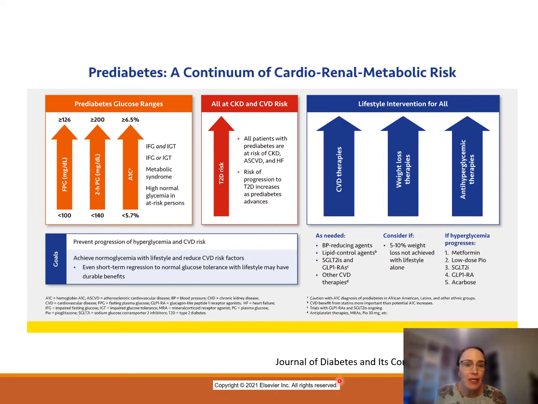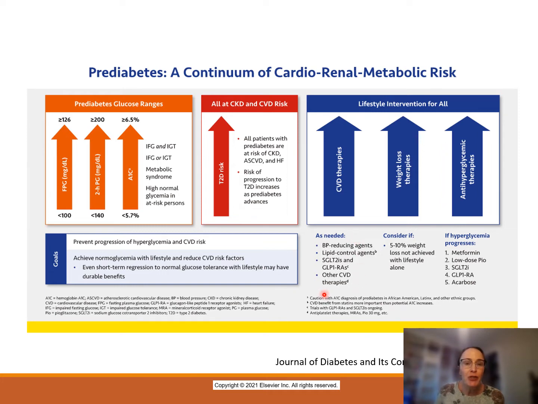Some of the things that we talk about are really trying to implement lifestyle intervention for all, working on cardiovascular therapies, making sure their blood pressure is controlled, and any weight loss interventions you can use. There are a few options these days that really help patients lose weight. And then considering metformin or low dose PO or an SGLT2 or something like that.